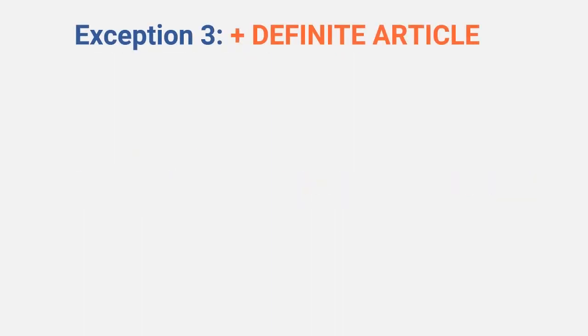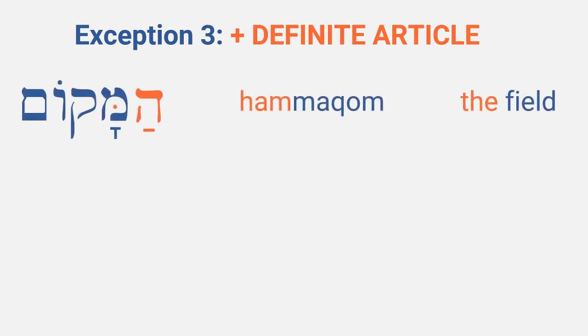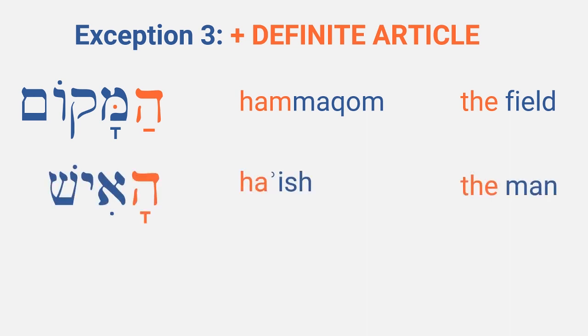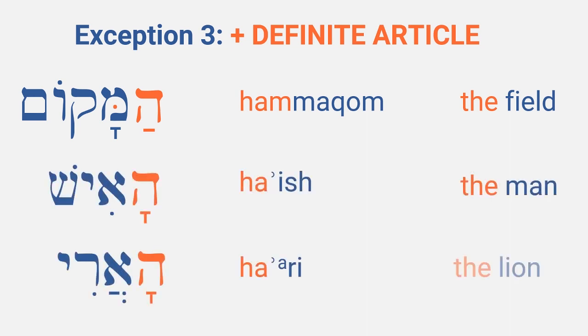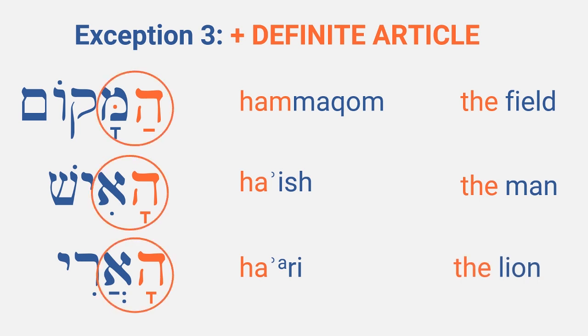Now here's a question for you. What happens if you have the definite article and an inseparable preposition? Let's find out. The first step is always to add the definite article. All the rules about the dagesh and the patach changing into a kametz, all of those still apply, so keep those in mind.